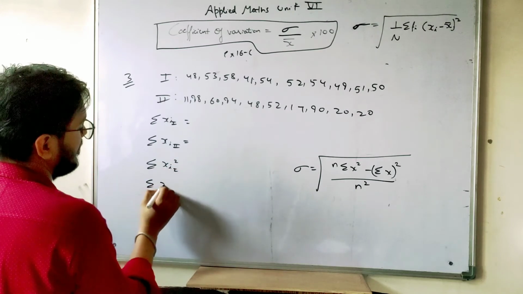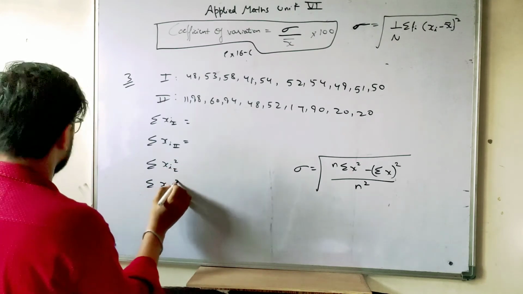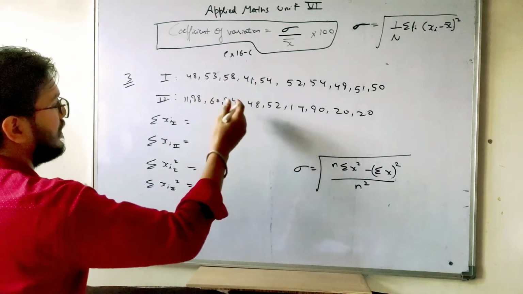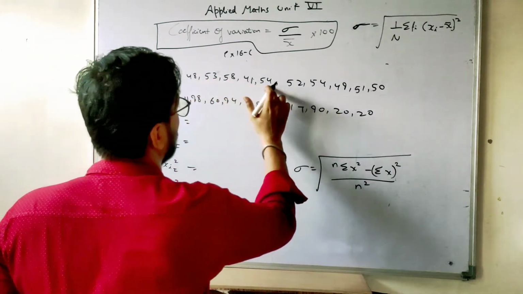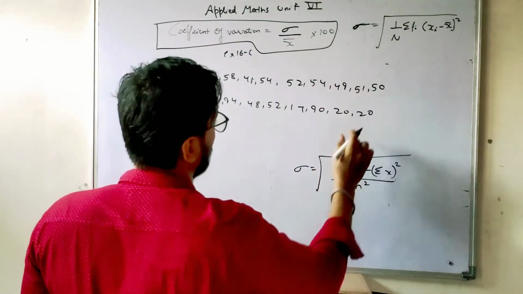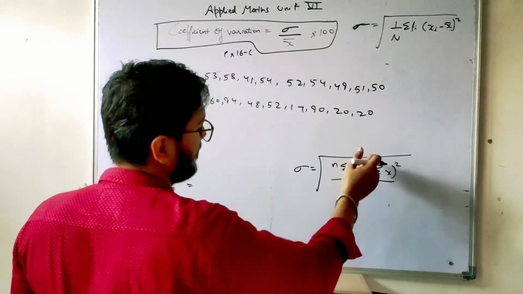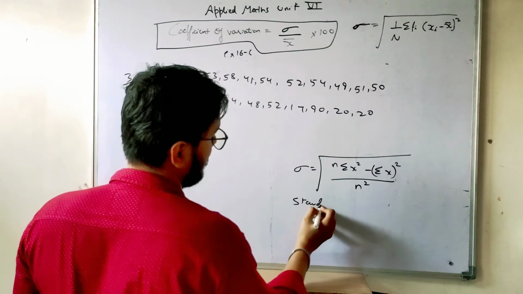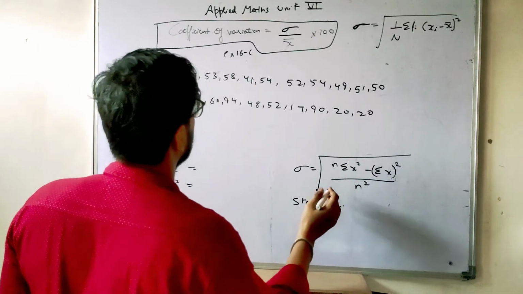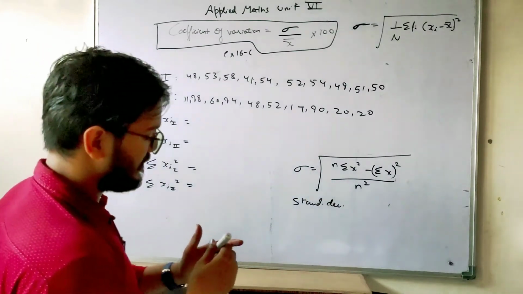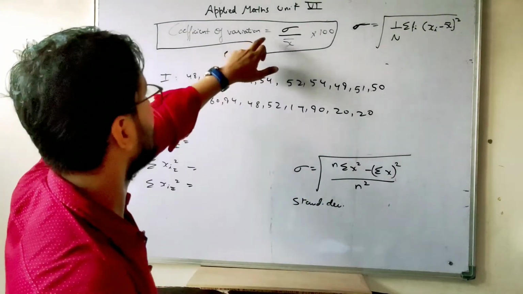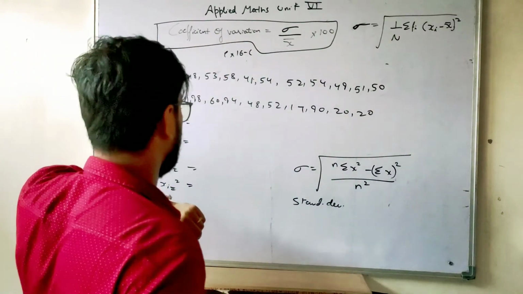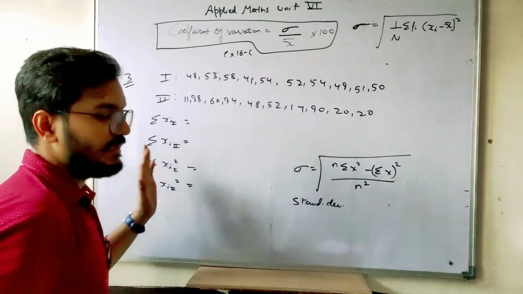Counting 1, 2, 3, 4, 5, 6, 7, 8, 9, 10, the n value is 10. Put the values into this formula and you will get the standard deviation. Once you get the standard deviation, put it into this formula and you will get the coefficient of variation. Simple.